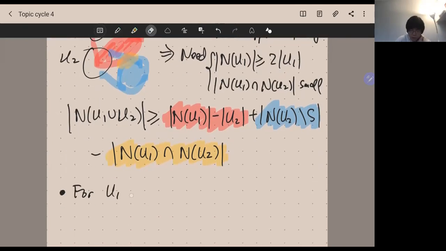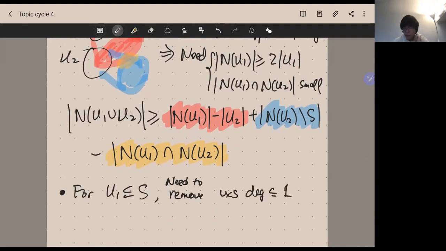As I mentioned, to have 2 expansion for just a singleton, we need to remove vertices of degree at most 1, right? Those singletons even fail to expand by a factor of 2. So this is for sure we have to remove. We will include it in the set W to remove.